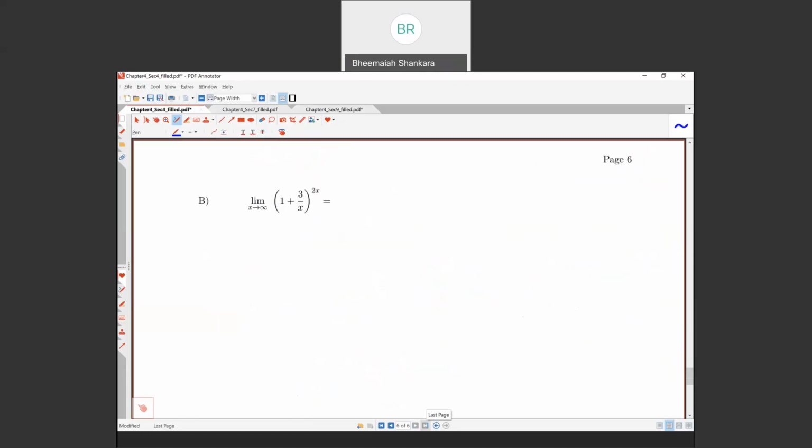One last example in this section. Limit x approaching infinity, 1 plus 3 over x to the 2x. So rewrite the given expression as a and then write natural log of a equal to limit x approaching infinity natural log of 1 plus 3 over x, and then you have 2x.